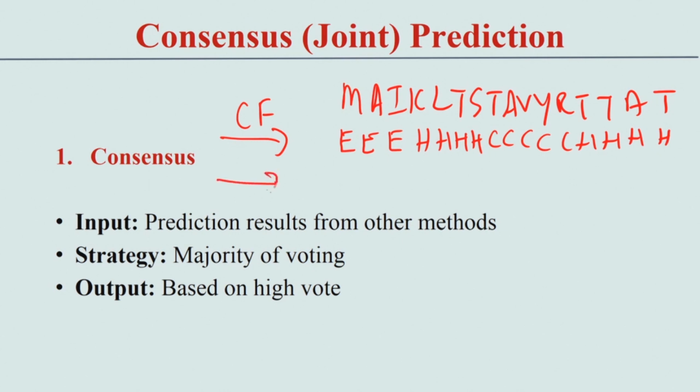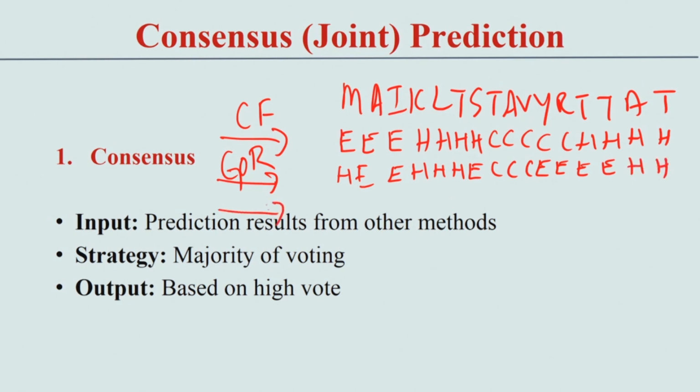Then we use GOR, and we get the secondary structures. For example, it will give you something like this. Then we use a profile and multiple sequence alignment, and we use the neural network, and we get the values.